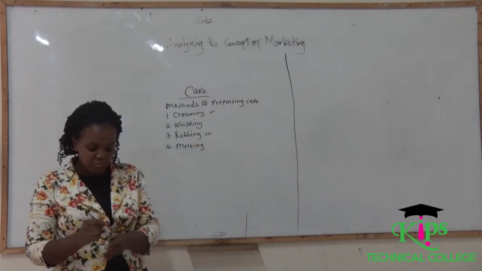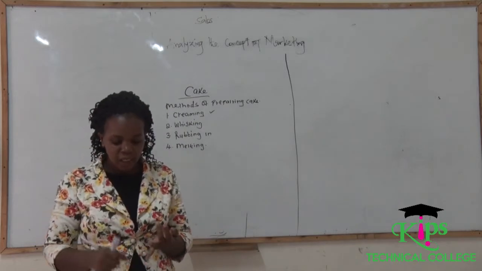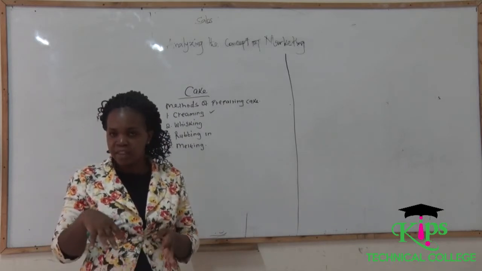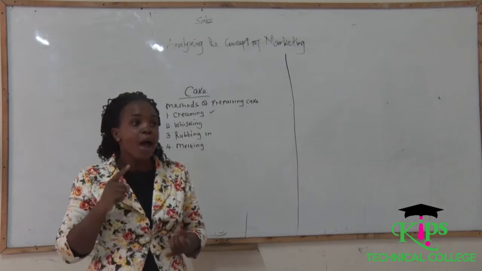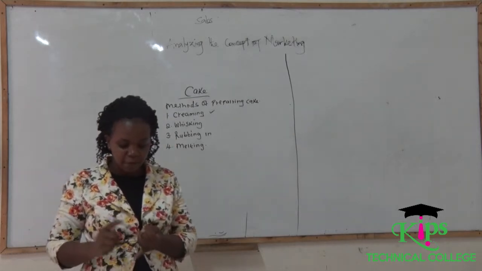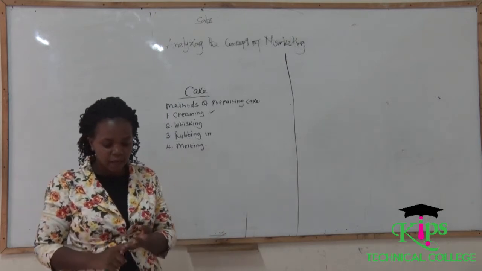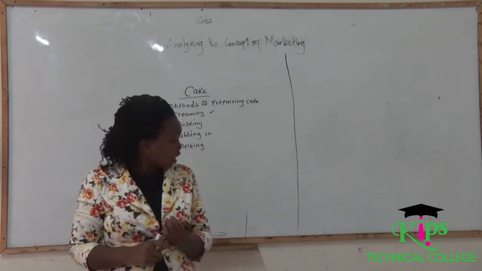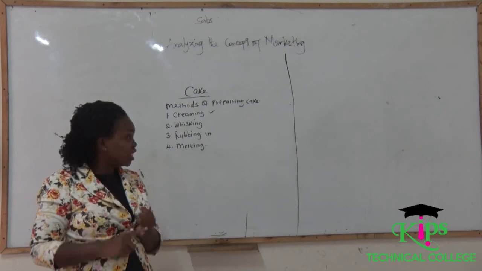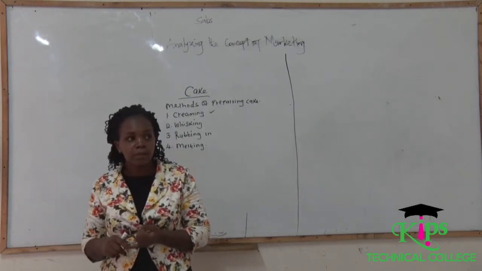When we talk about creaming, this is where you cream the margarine and the sugar together until they attain a certain texture, that is fluffy, and then it turns a lighter color. And then after you have creamed the margarine and the sugar, you're supposed to add the fat.